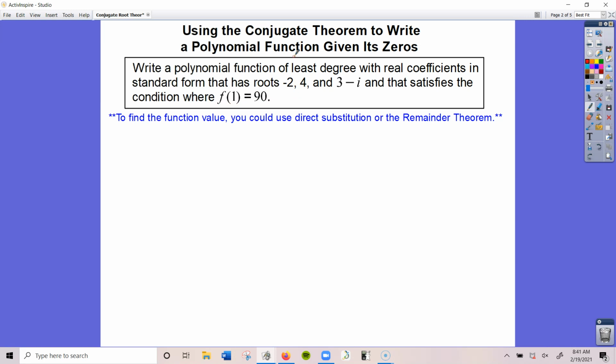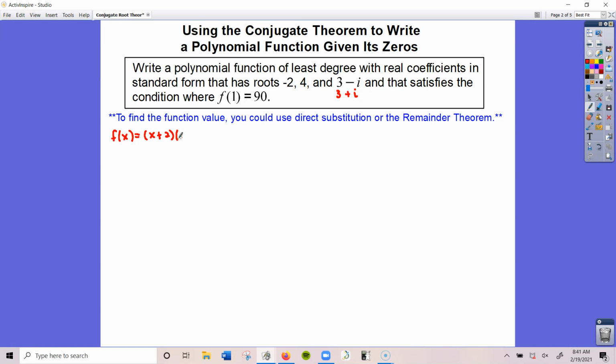So we have those roots, and since 3 minus i is a root of the polynomial, so is its conjugate, 3 plus i. First we're going to start off by writing the linear factorization. So f of x is going to equal x plus 2, and that's because of the -2. In order to write the factor, you basically just change the sign of the number.